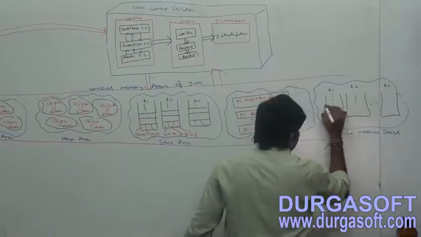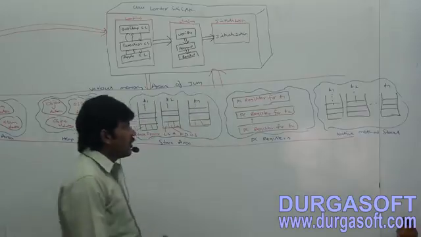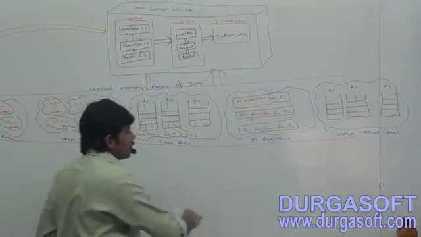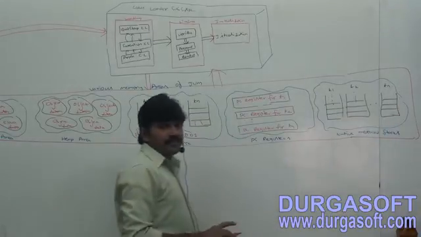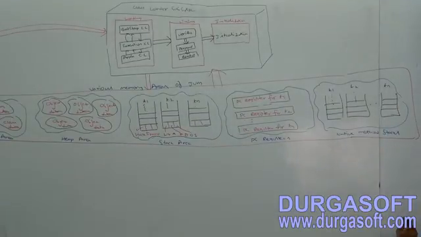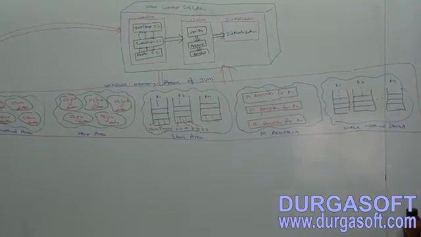I hope no further explanation is required. So these are the various memory areas. Total how many memory areas are present inside JVM?